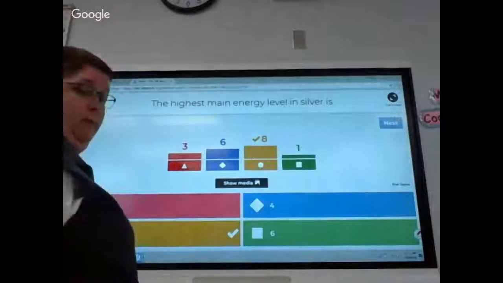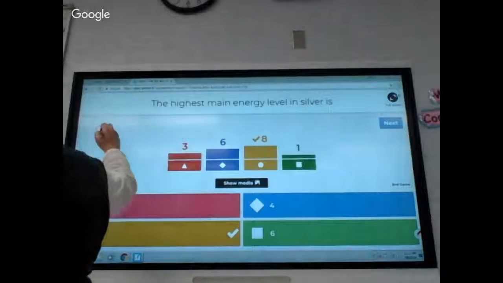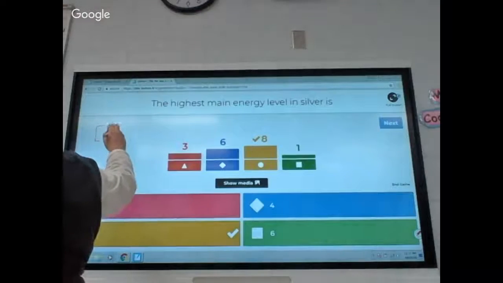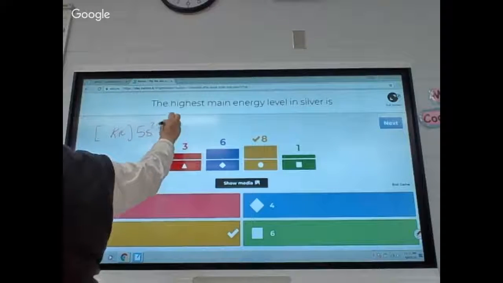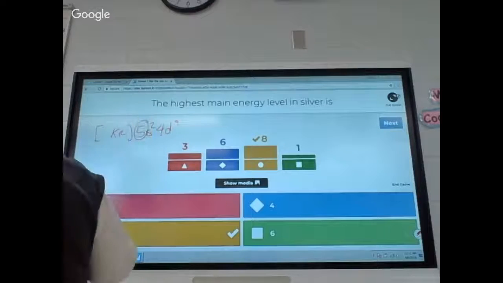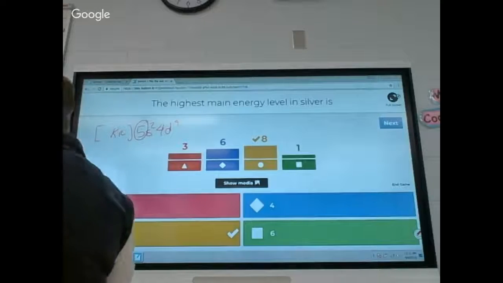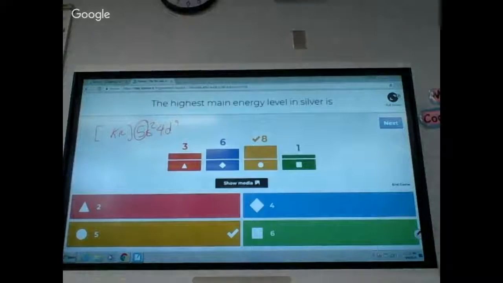So some people might have written the configuration for silver, which would be Kr 5s2 4d9. So the period or the highest energy level would be a what? 5. Or you can look up here and say, okay, it's in period 1, 2, 3, 4, 5.